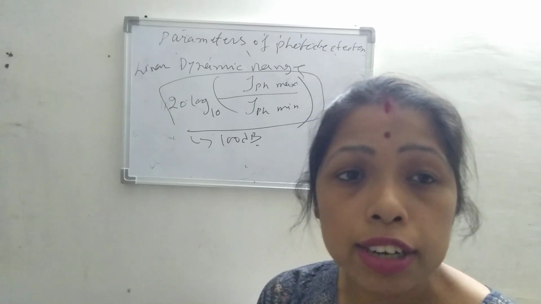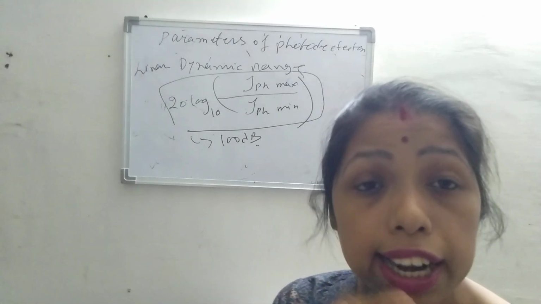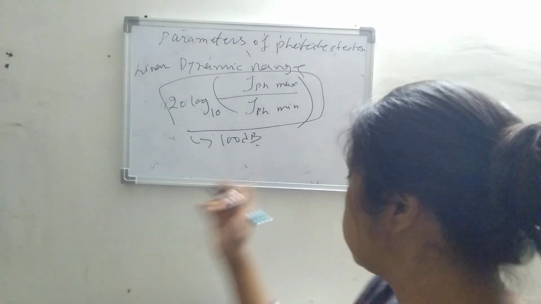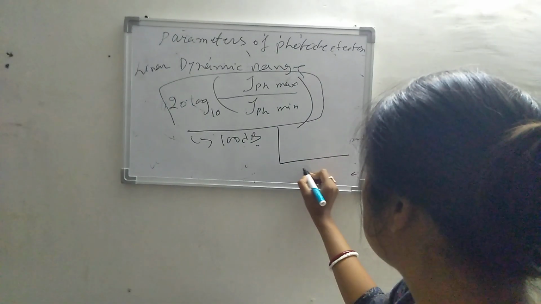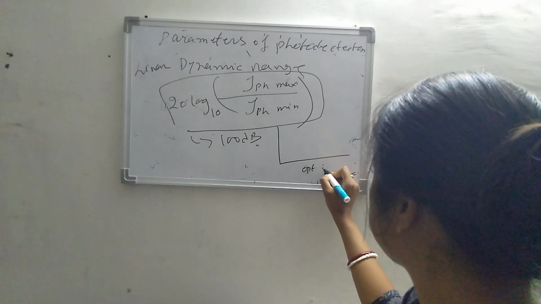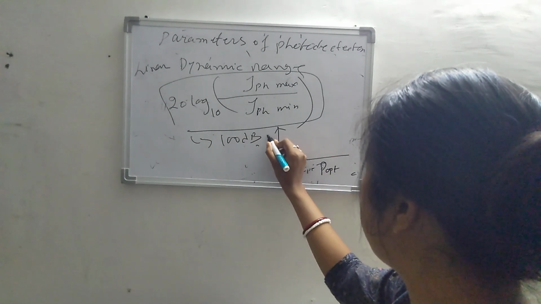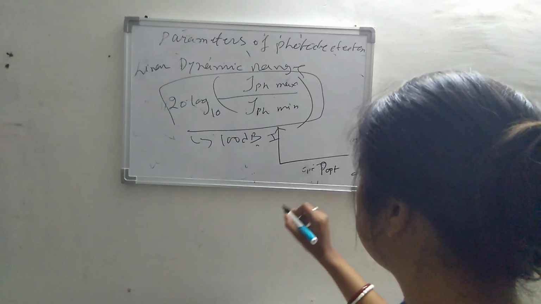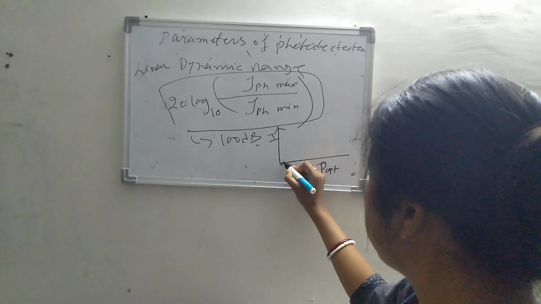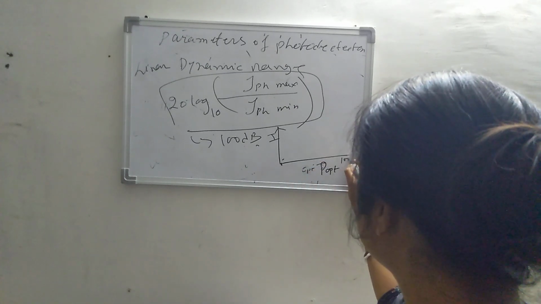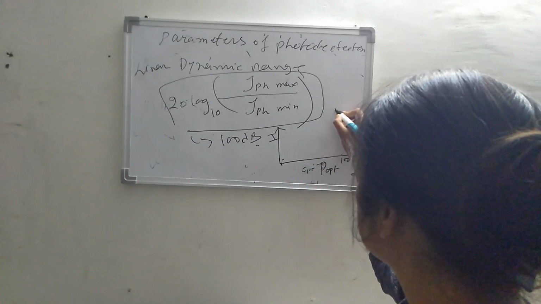It is the linear current response over a wider optical intensity. Suppose you draw the optical intensity versus photocurrent graph. At low intensity you are getting one response, a photo response, right? At suppose 100 watt, you are also getting a response.